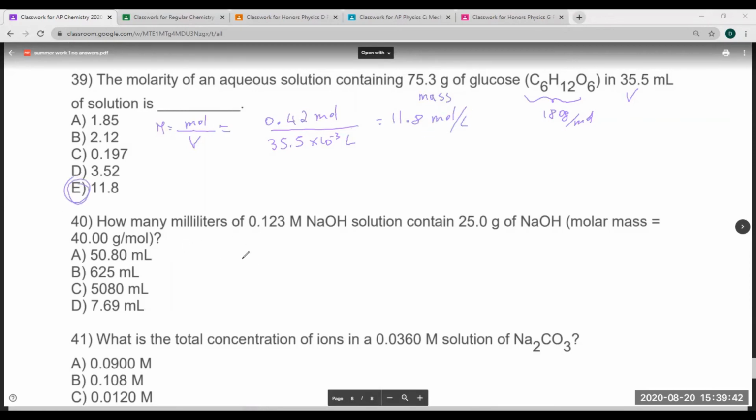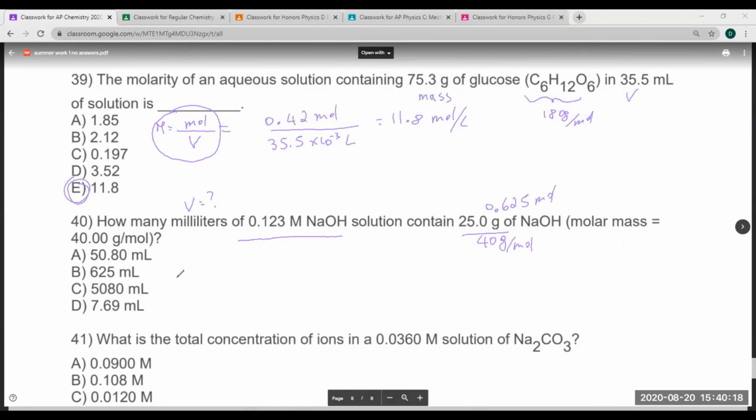Now, how many milliliters of this solution contain this many grams? So we are looking for the volume. We have the molarity, we have the grams. But again, molarity works with this equation here, so you need the moles. So how many moles are there? Those are the grams divided by 40 grams per mole. So we have 0.625 moles of sodium hydroxide.